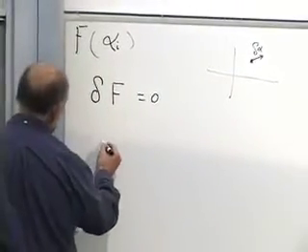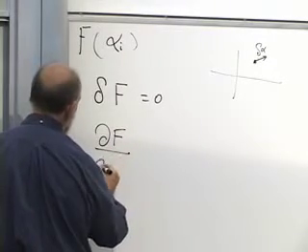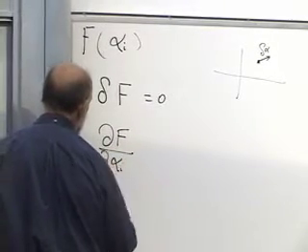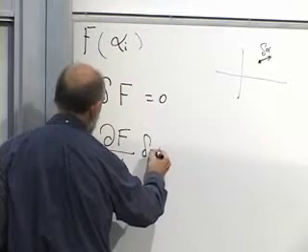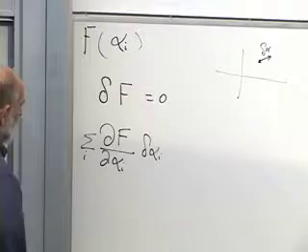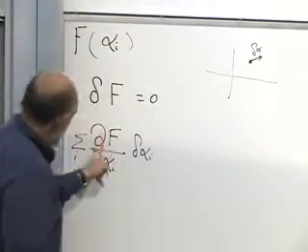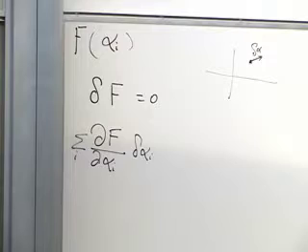The change in the function is the derivative of f with respect to alpha i times delta alpha i, summed over i. In other words, as you move from one point to another, you get a contribution from each one of the partial derivatives.